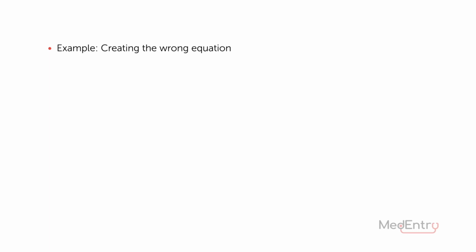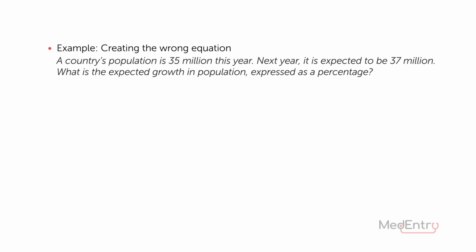Let's take an example. A country's population is 35 million this year. Next year, it is expected to be 37 million. What is the expected growth in population expressed as a percentage? The difference in population is 2 million people, and we're considering a percentage increase.